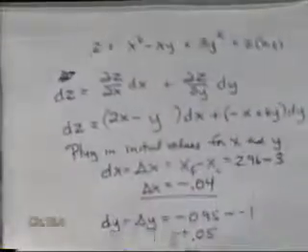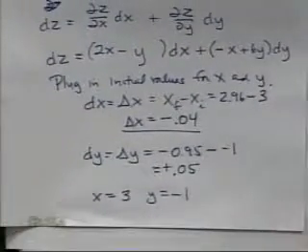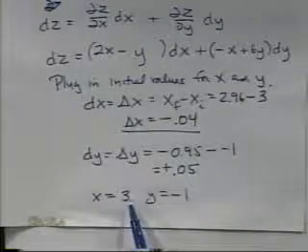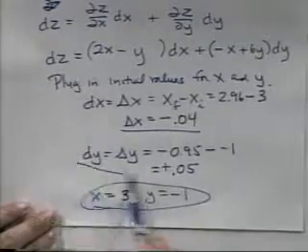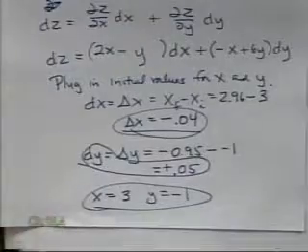The initial values, which were 3 for x, and for y, I'm plugging in -1. Everybody with me? So for x, we're plugging in 3. For y, we're plugging in -1. For dy, we're plugging in 0.05. And for delta x, we're plugging in -0.04.